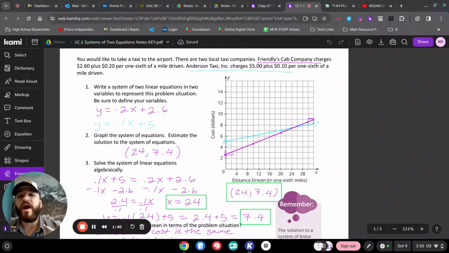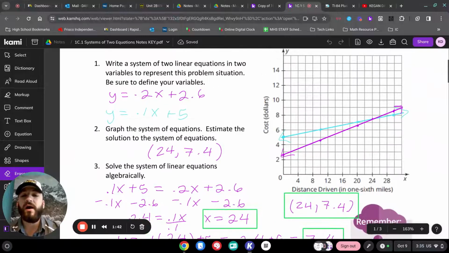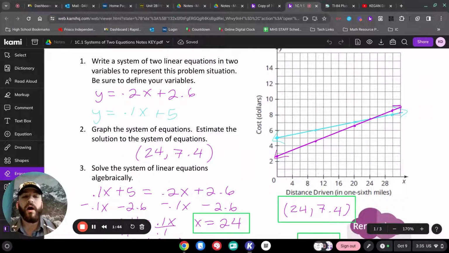Okay, and then we can graph both of those on our graph. Anderson starting at 5 and then going up by 0.1 for each 1/6 mile. Okay, and then our Friendly's starting at 2.6 and then going up 0.2 for each.